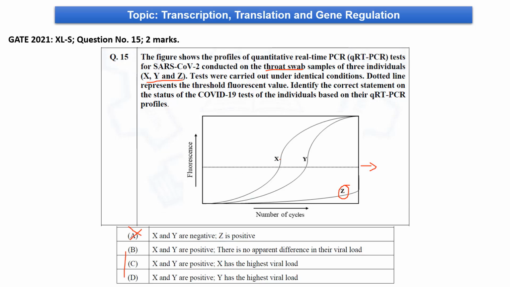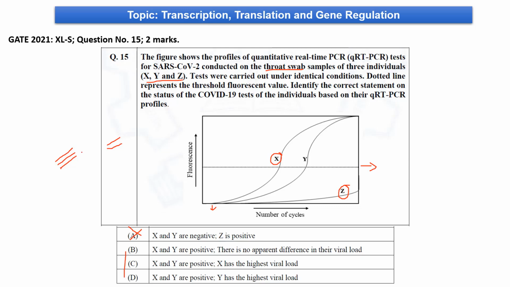But here we see that X has a lower CT value than Y. That demonstrates that in X, the starting cDNA was more. That is why more SYBR Green could be incorporated into the PCR cycles of X than Y.